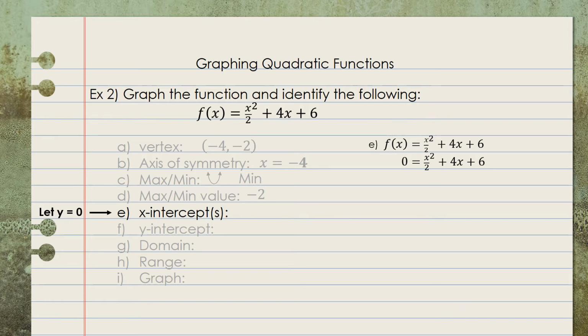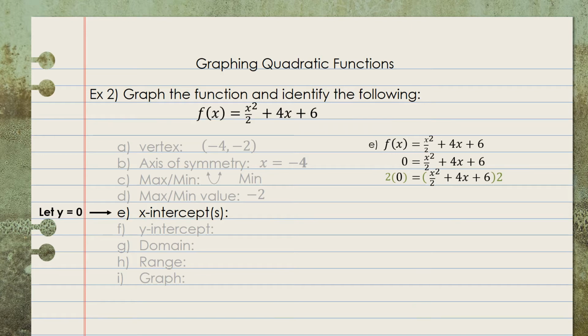Now this problem is a bit different since we have fractions, but we do have the ability to wipe out the fractions. We can do that by multiplying the left side and the right side of the equation by the common denominator. Well, in this case, what is our only denominator? Well, it's a 2. So we will multiply the right side of the equation and the left side of the equation by 2.